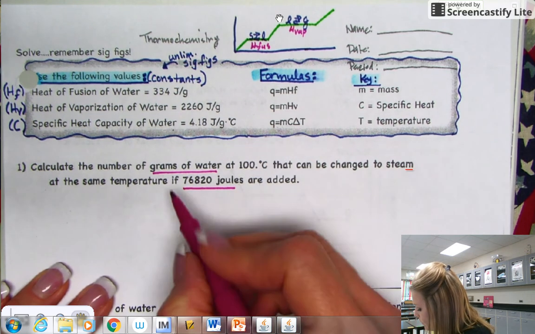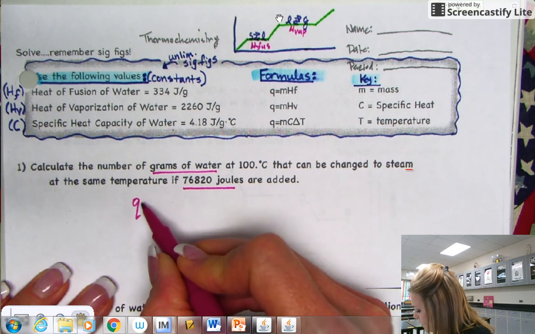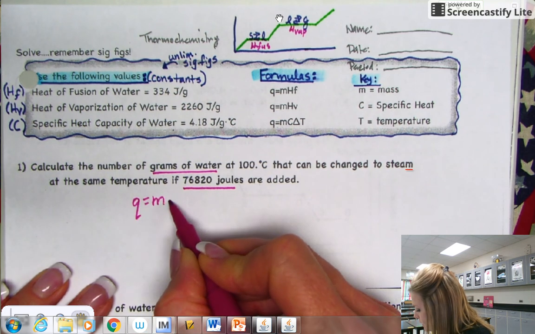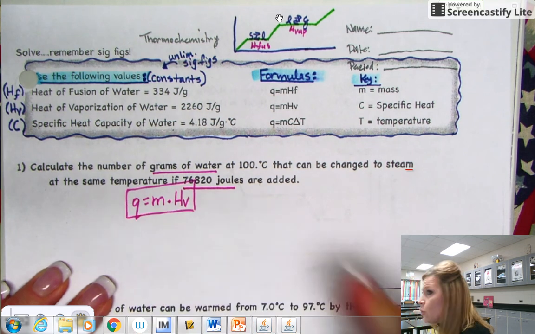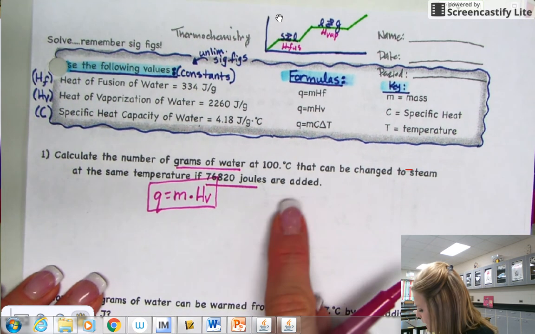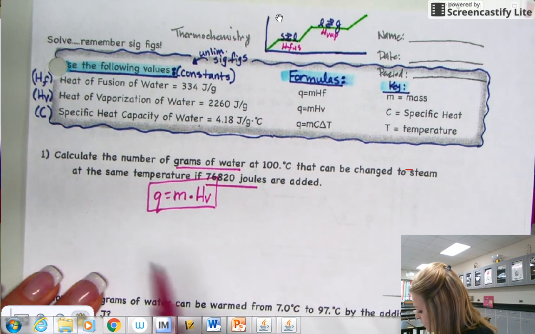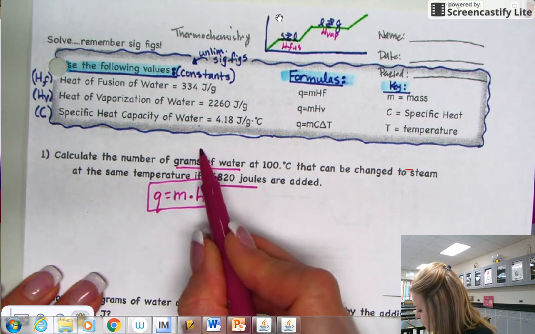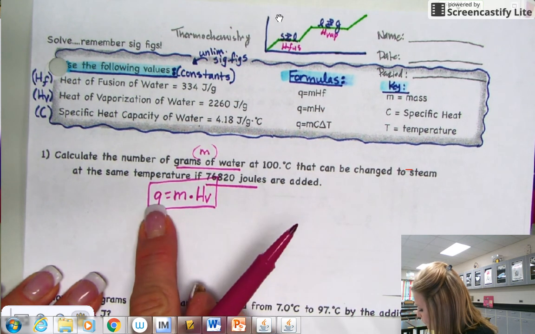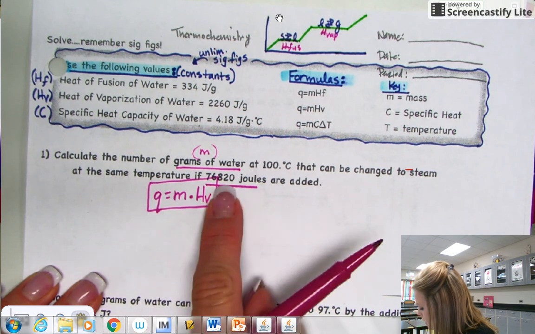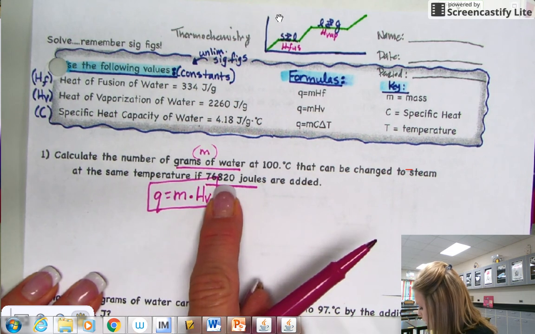So the formula that we want to use, since this is dealing with the vaporization, is Q equals the mass times the heat of vaporization. So remember, always write your formulas down. Then we're going to plug into the formula, and we're looking for the mass. So the grams of water is your mass that we're looking for. Now the Q is what is represented here with the 76,820 joules.